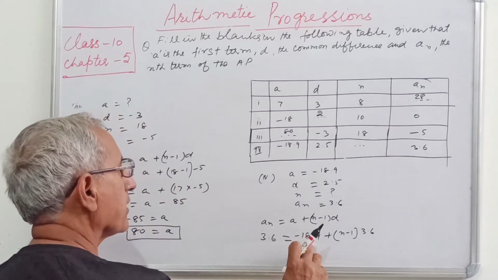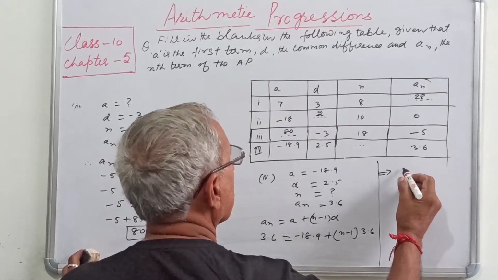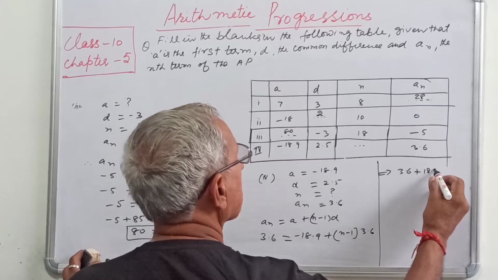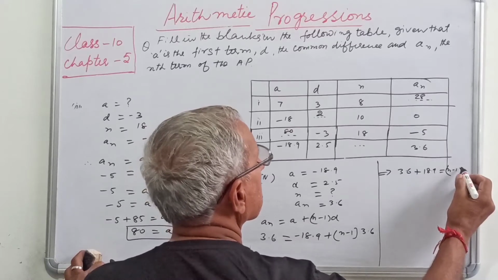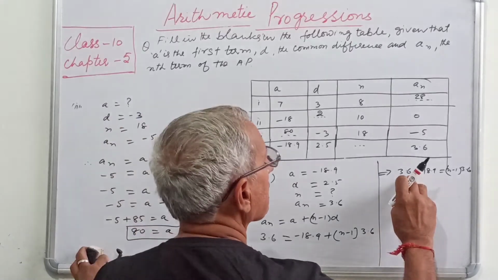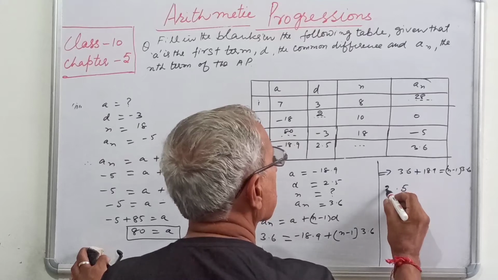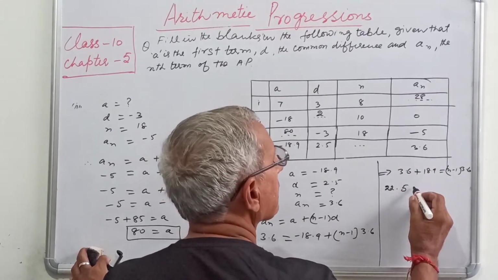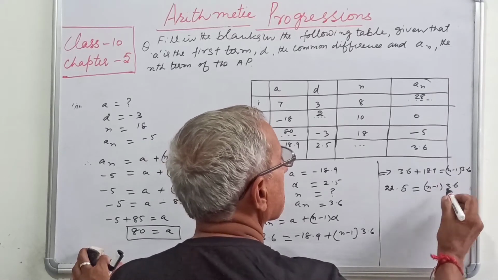So 18.9 माइनस में पहले इधर करेंगे, तो 3.6 प्लस 18.9 इक्वल टू n माइनस 1 इंटू 2.5. इसको ऐड किया, 22.5 इक्वल टू n माइनस 1 इंटू 2.5.